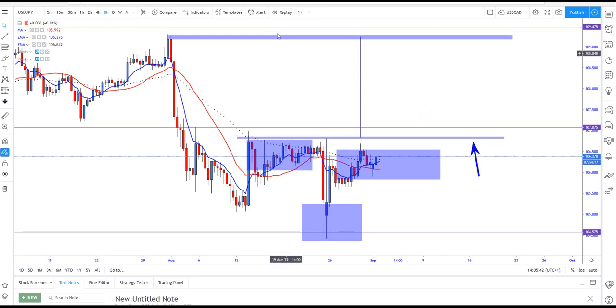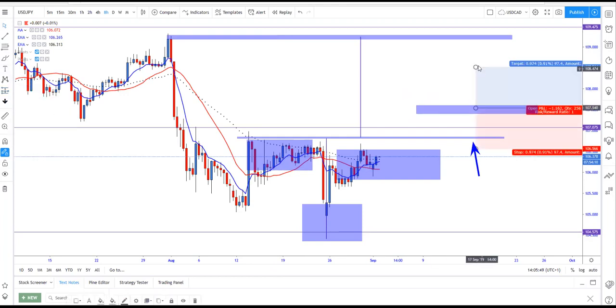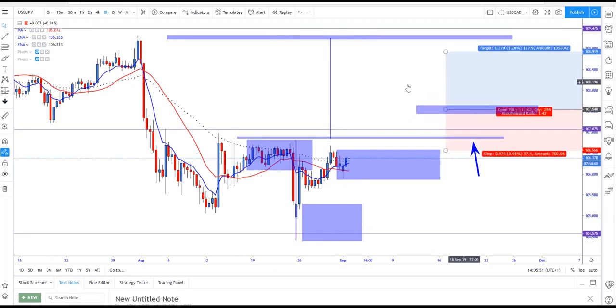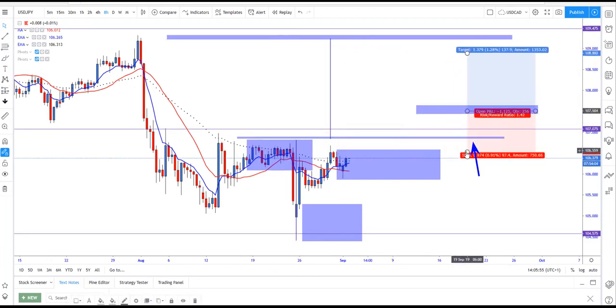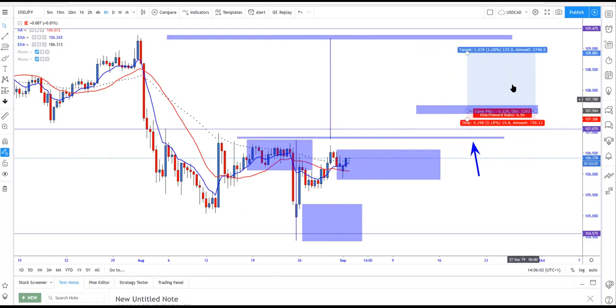What I'm trying to say is, if this is your support level, for instance, then this is your risk. This is why it's important to establish a support level.